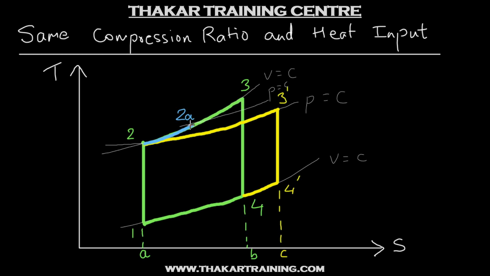So the constant pressure heat addition of the dual cycle is going to follow this line, right? So this much area is excess for the Otto cycle. To compensate for that, the point 3 of the dual cycle will also shift to the right, but it will not be to the right of 3 dash, it will be to the left of 3 dash. I hope you are following it, because the area has to be equal, the heat input has to be equal.